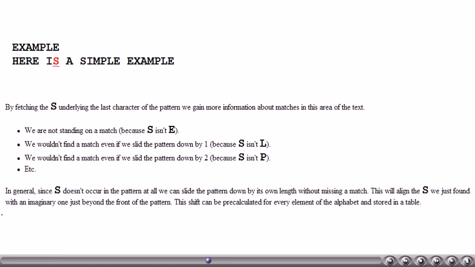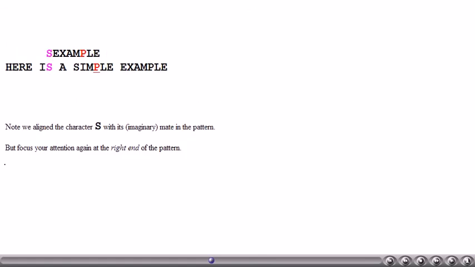The following slides will explain how this algorithm practically works on a simple data. We understood that when we align the first time, the string example is aligning with the character S. We found that S is not at all seen in the string example.